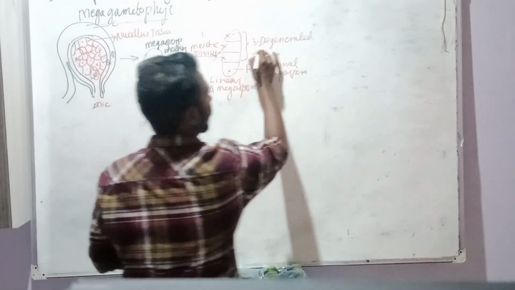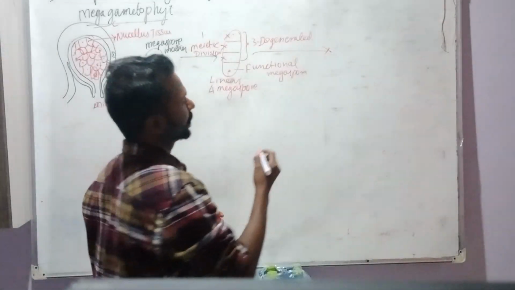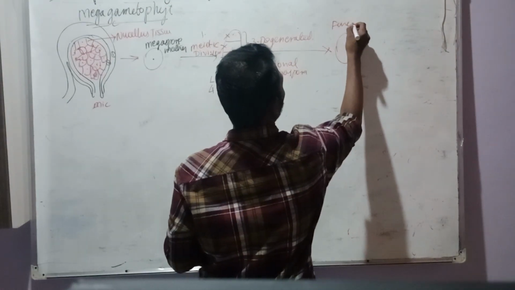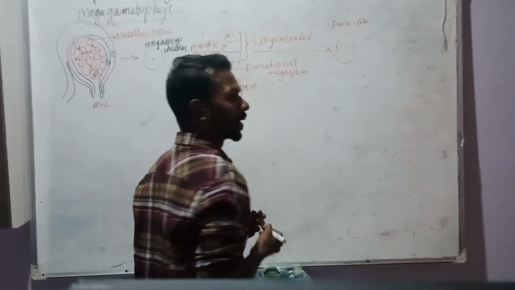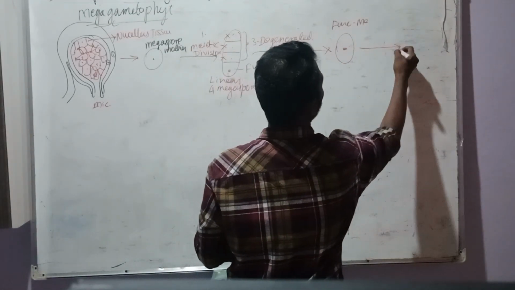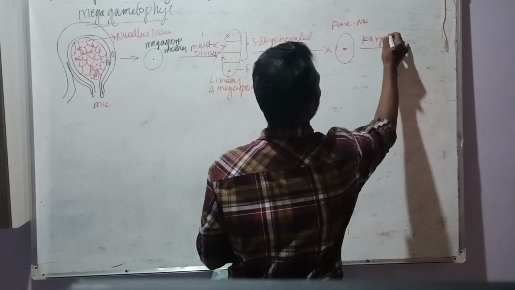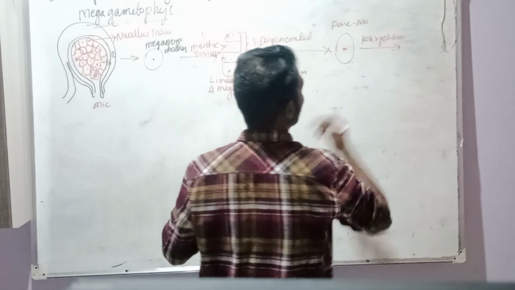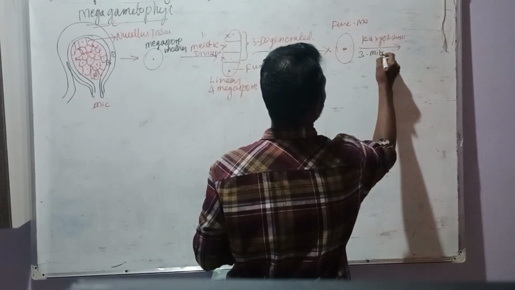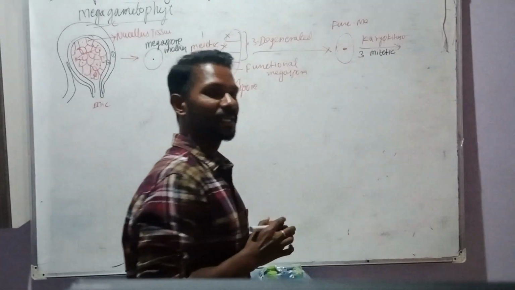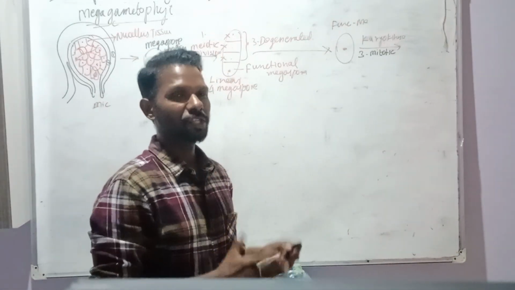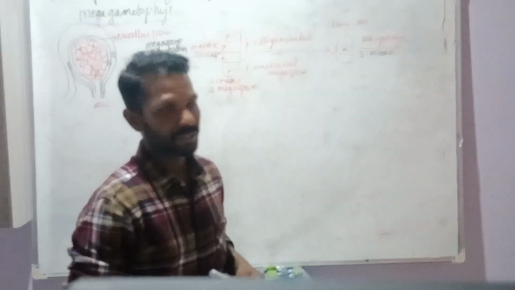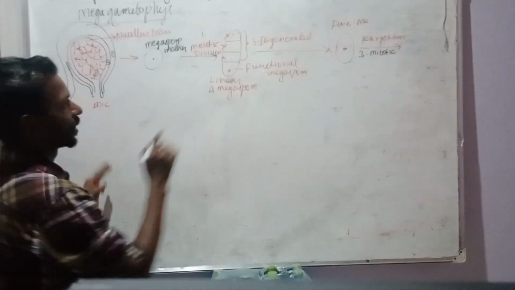Now this functional megaspore has to undergo karyokinesis and 3 mitotic divisions. The meaning of karyokinesis is the division of only the nucleus. Let us see what happens.